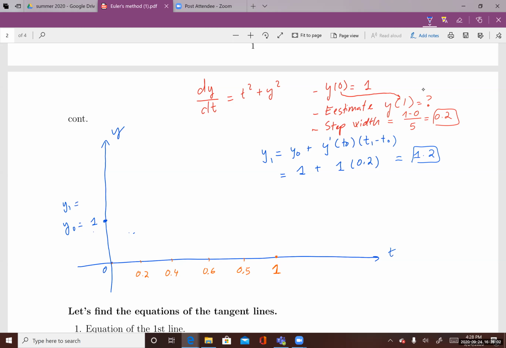And then y1 should be 1.2. It's over here, right? So this is where your next step is. So you start from here, and your next step is right here. Okay, and then you keep finding what is y2, y3, y4, and y5, and so on and so forth.